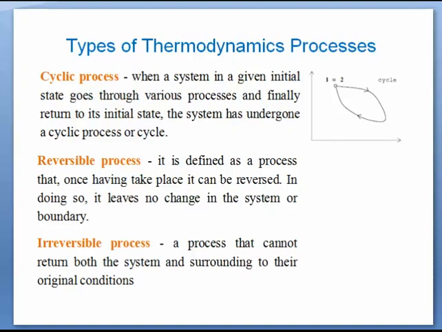However, suppose we are burning a paper, the paper will become ash. Ash can't be turned back into paper. So that can be treated as an irreversible process. And irreversibility in the process comes because of the existence of friction in the system.